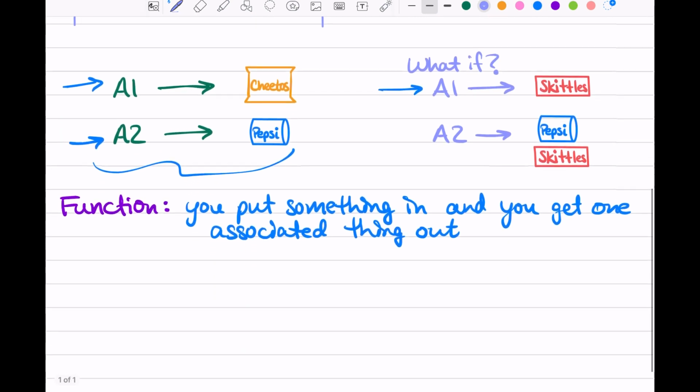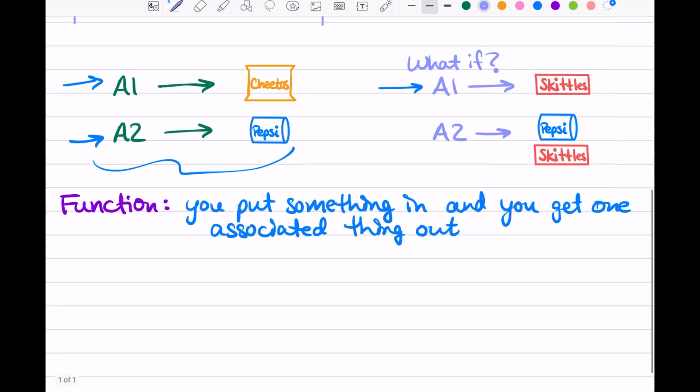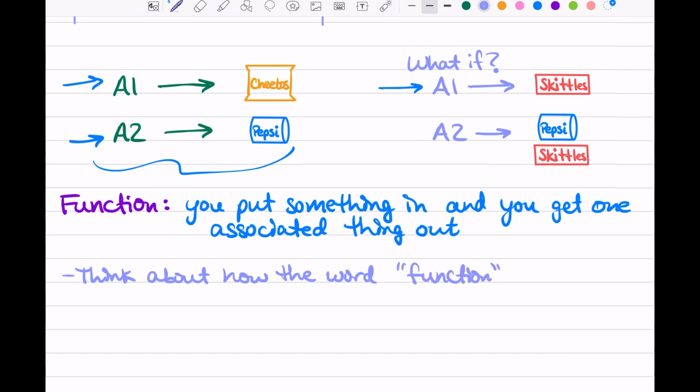It's important to think about how the word function is used in real life. So if you're on, let's say, an elevator, and you push the number 3, you want to go to the 3rd floor, right?